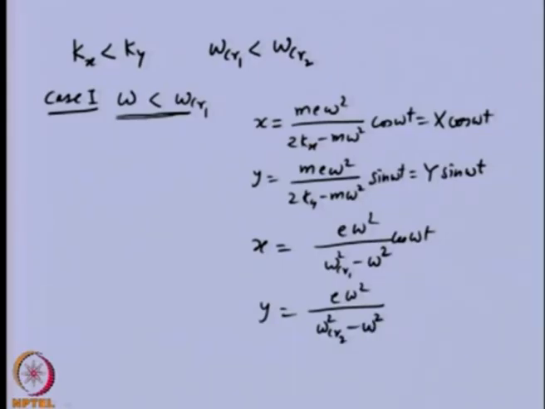With this expression we can see that when omega is below the first critical speed, this capital X, which is this quantity, and capital Y, which is this quantity, both are positive. So, for this particular case, X is positive, also Y is positive.